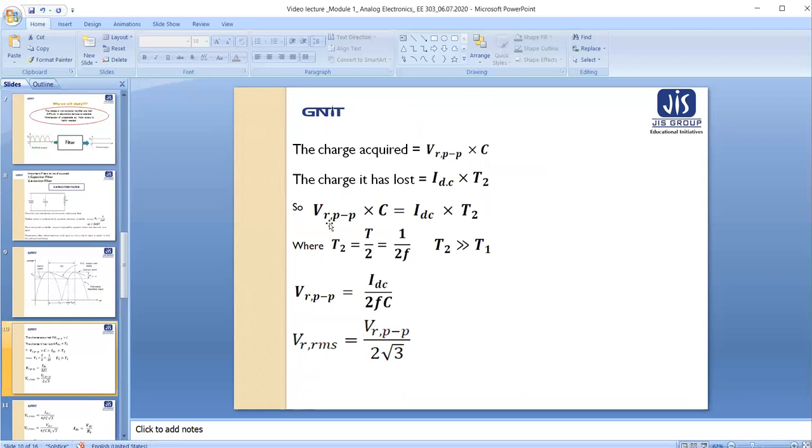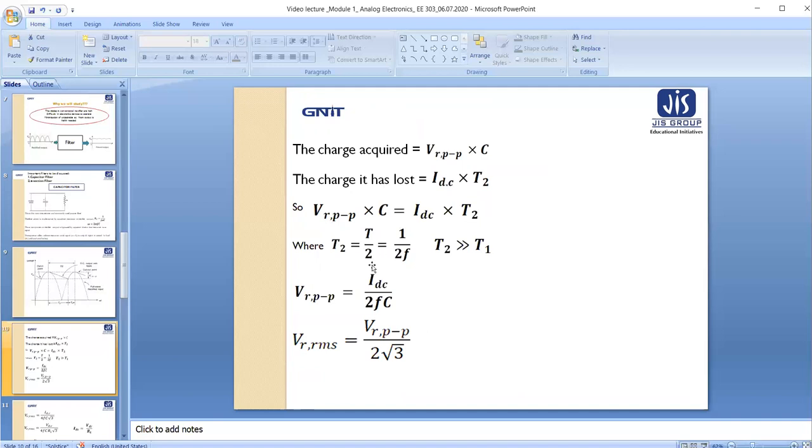Now we equate the charge acquired by the capacitor and the charge it has lost: VR peak to peak into C equals IDC into T2. And T2 equals T by 2. Why T by 2?